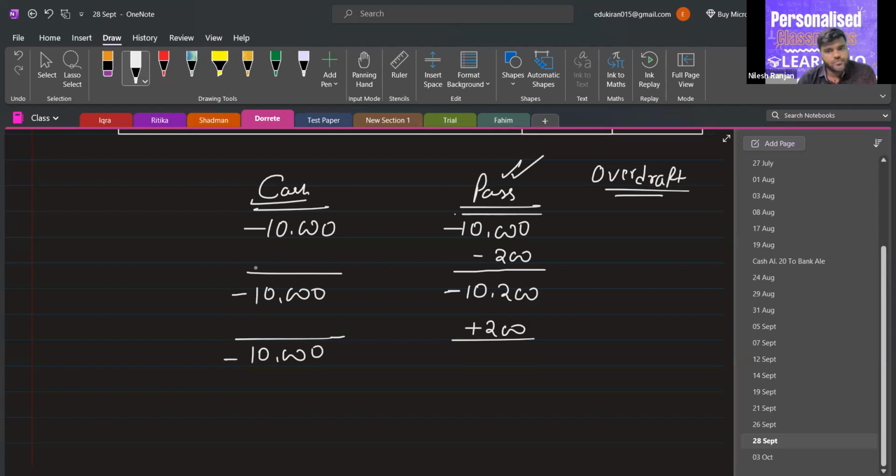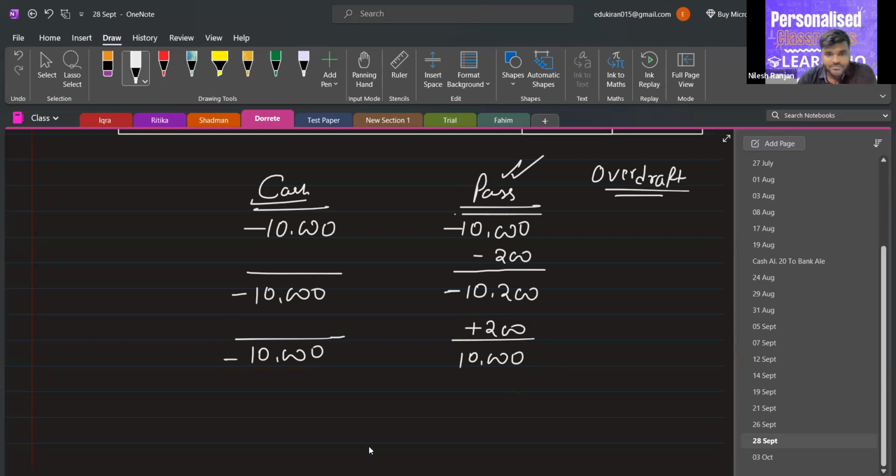Now, if this is minus 10,200, then what will you do so that it will become 10,000? We have to minus 200. Then it will become 10,000.